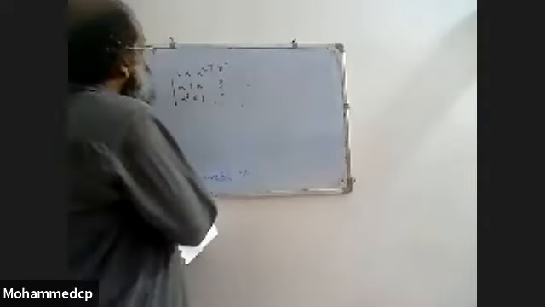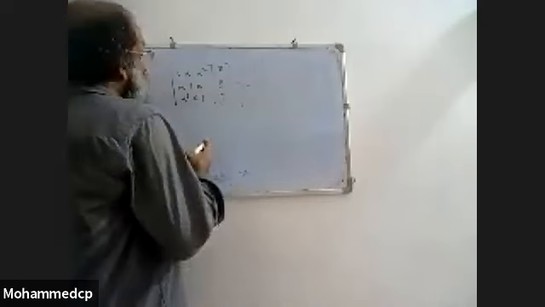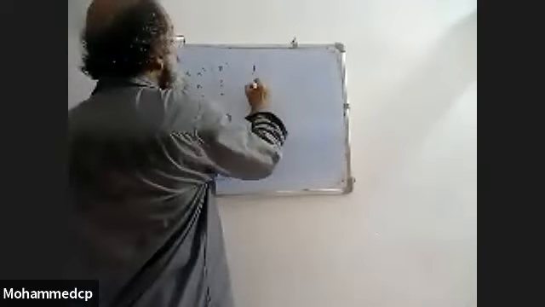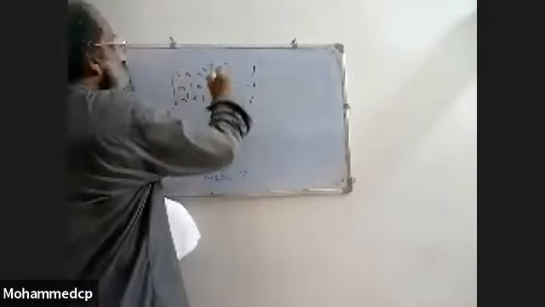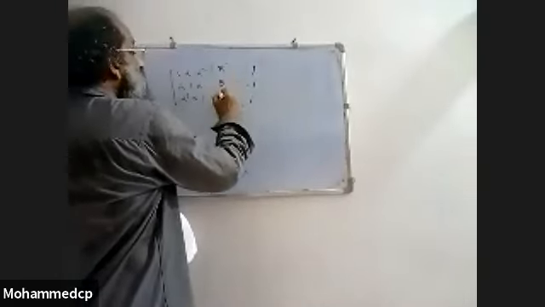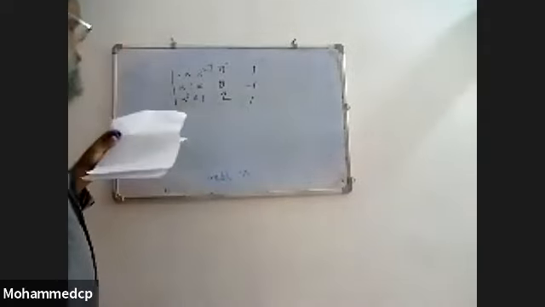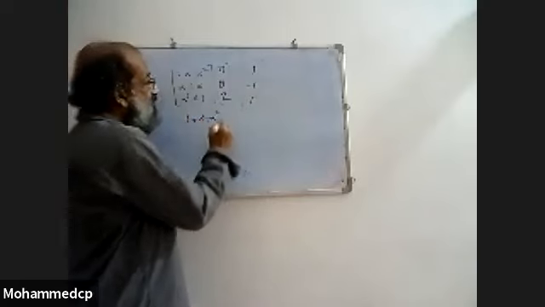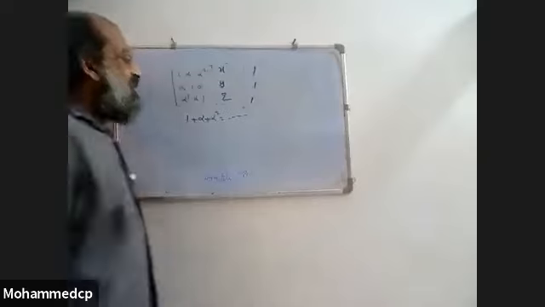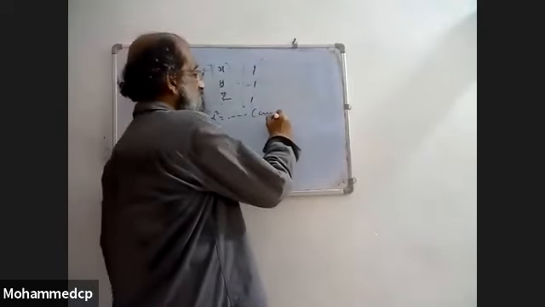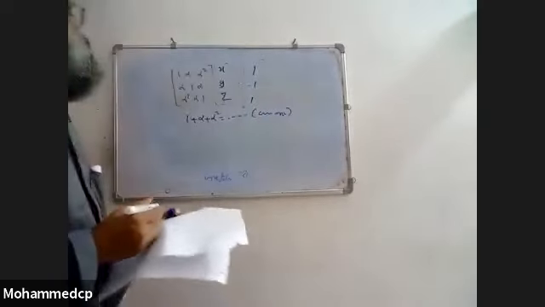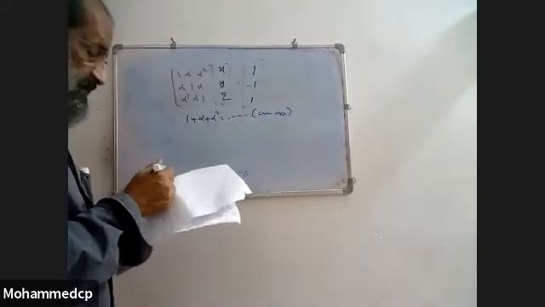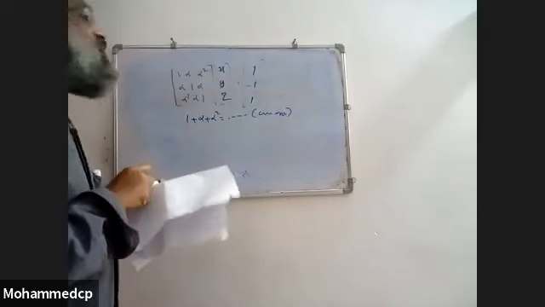This is the given equation in the matrix form. If this system has infinitely many solutions, then 1 plus alpha square is equal to an integer. This equation has infinitely many solutions.